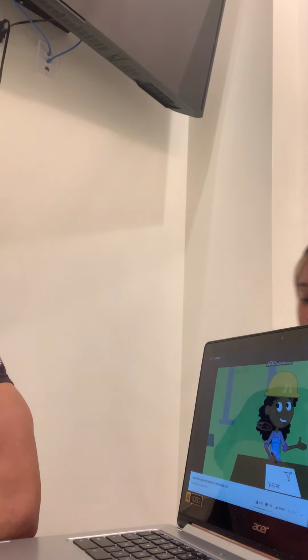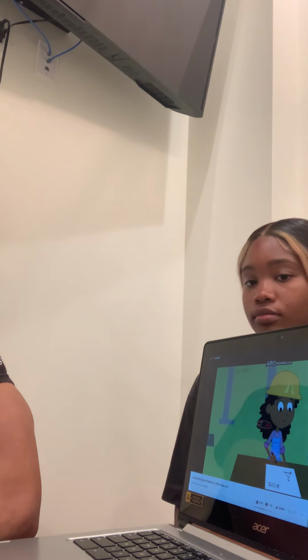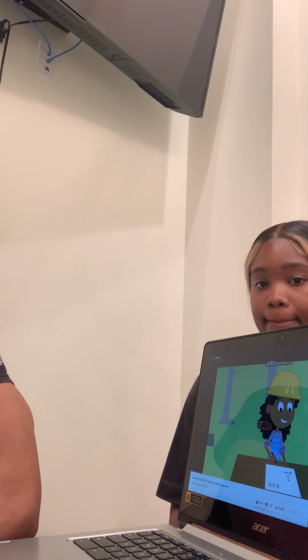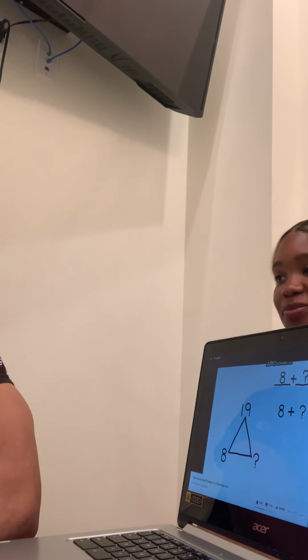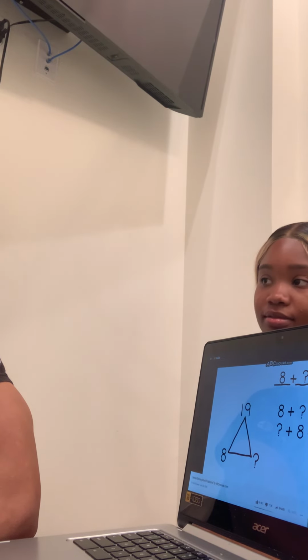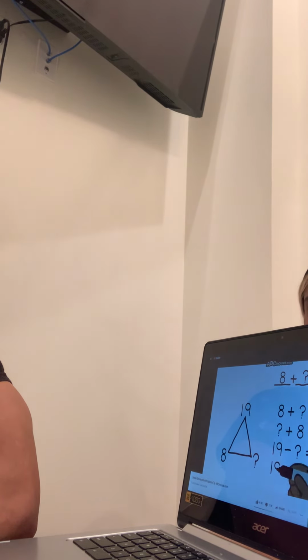Nope. The triangle just helps us see the number family. Now, I'm gonna write out the 4 facts that go with this number family. Okay. 8 plus question mark equals 19. Question mark plus 8 equals 19. 19 minus question mark equals 8. 19 minus 8 equals question mark.